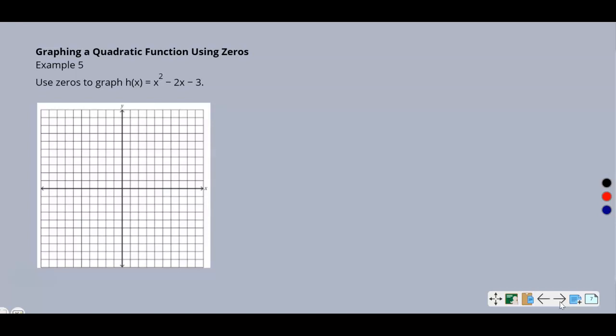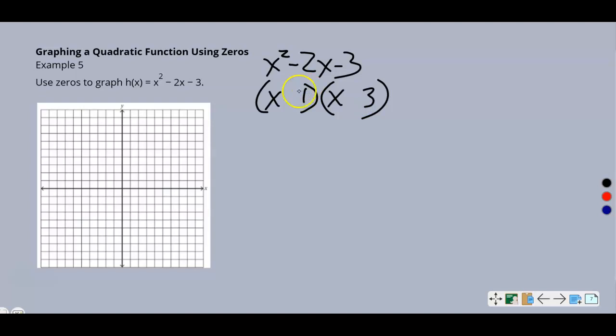All right, so let's try to factor x squared minus 2x minus 3. So I'm going to have x times x. 3 is a prime number, so I know it has to be 3 and 1. The negative 2 in the middle tells me the bigger number has to be negative.